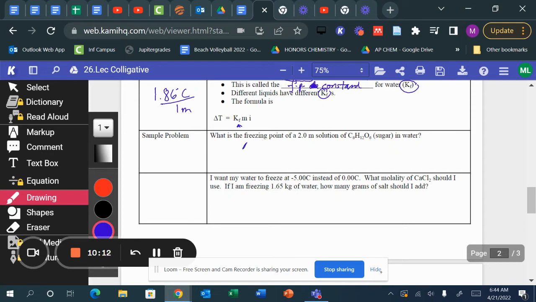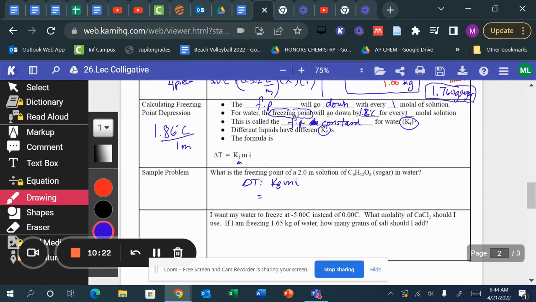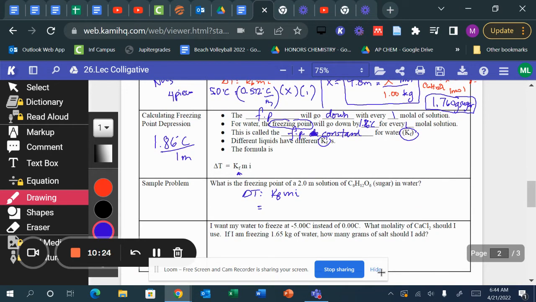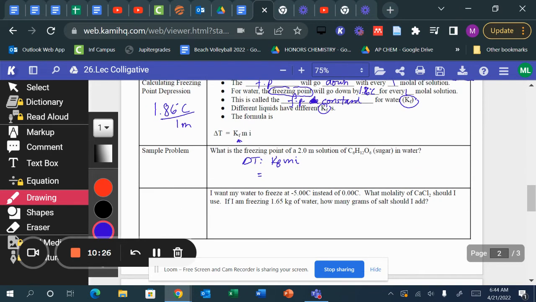Okay, so delta T is equal to Kf times m, and the solute is sugar. So it is, I'm sorry, it's freezing point, right? So the freezing point constant is 1.86, almost 2 degrees. 1.86 degrees C every molal. You have 2 molals. And it's sugar, so it gets 1 piece.